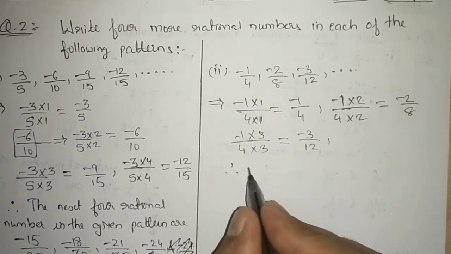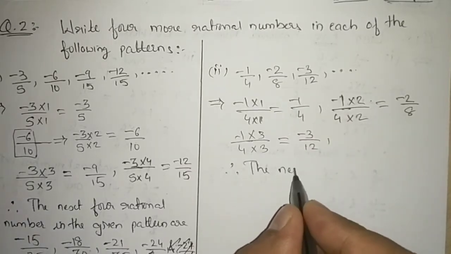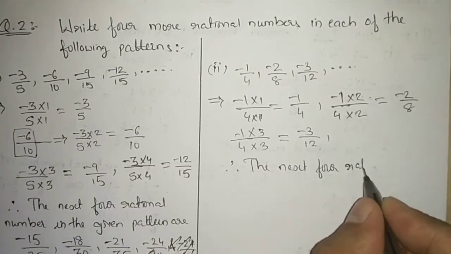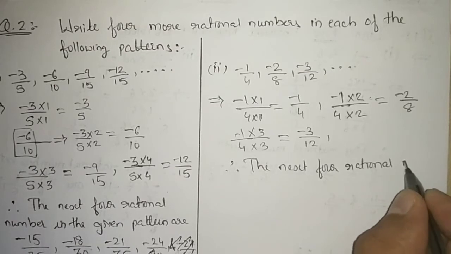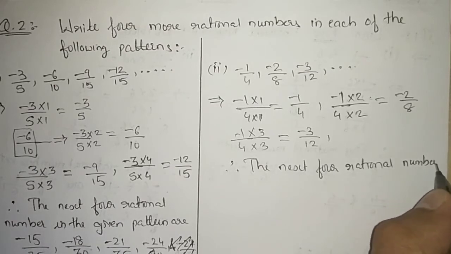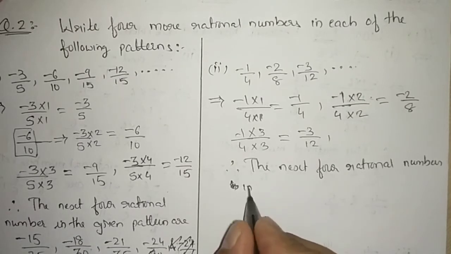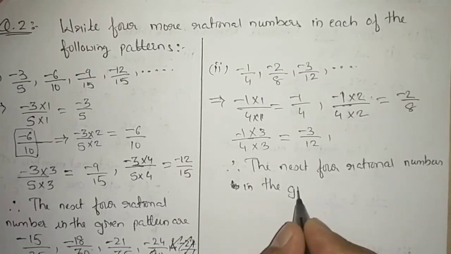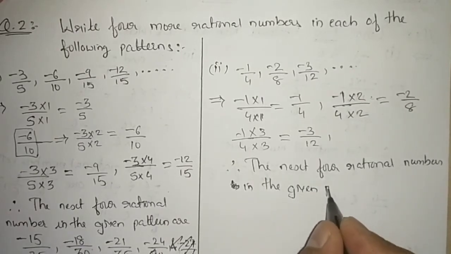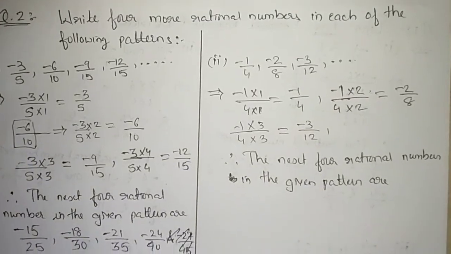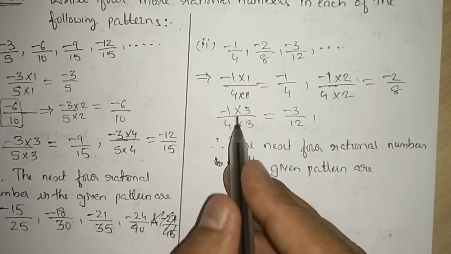So can I write therefore the next 4 rational numbers in the given pattern are, now I have to multiply it by 4.